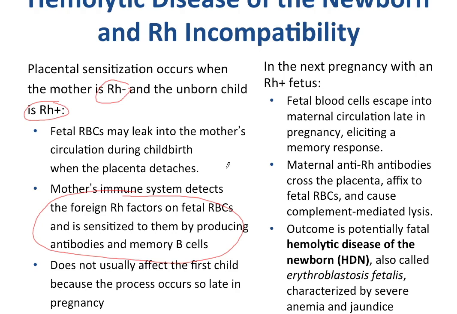If the mama has a second pregnancy with an Rh positive fetus, the anti-Rh antibodies can get into the fetus's circulation to cause a hemolytic reaction of the baby's red blood cells. This is called erythroblastosis fetalis. The fetus can have severe anemia and jaundice.